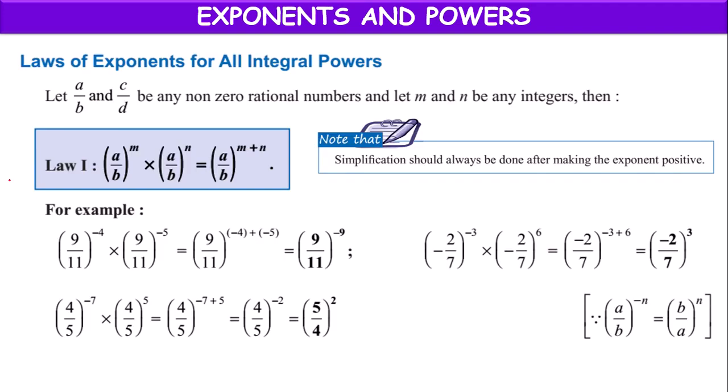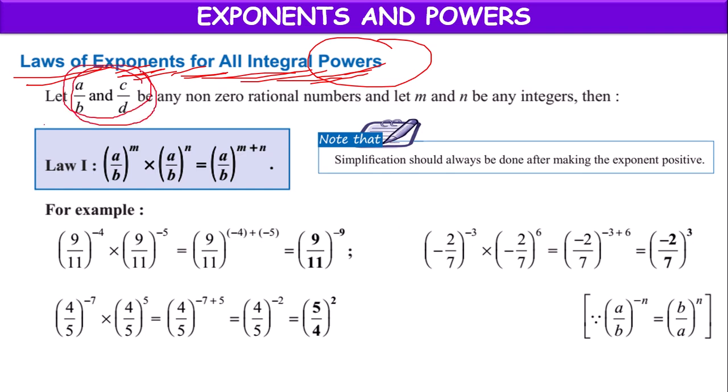Next, children, laws of exponents for all integral powers. Let a by b and c by d be any two non-zero rational numbers, and let m and n be any integers, either positive or negative.